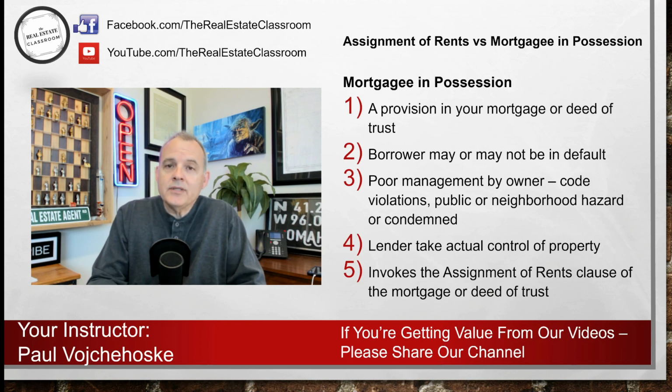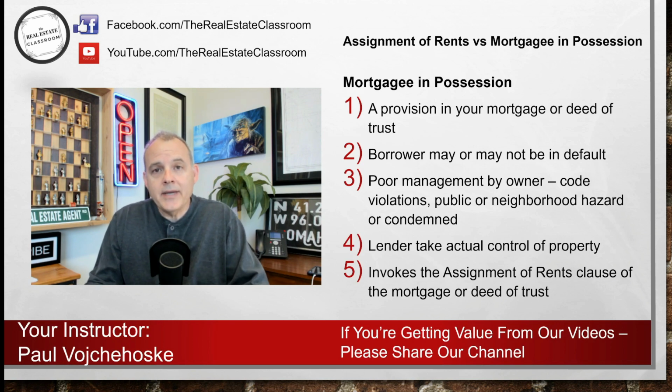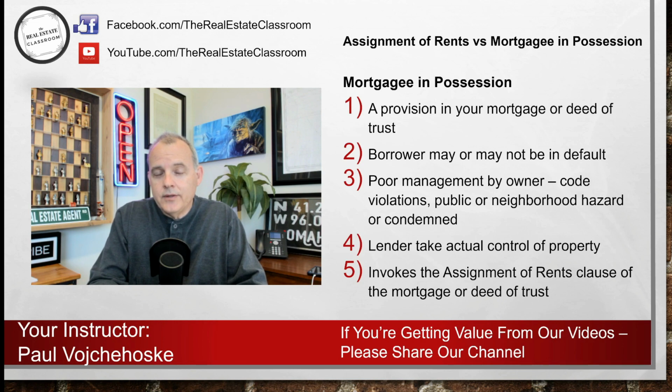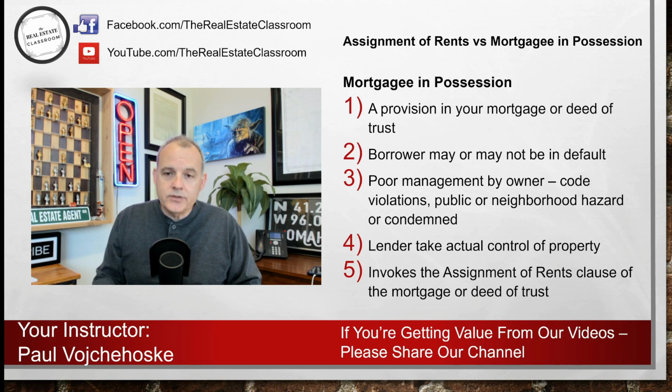Typically, because they're not in the management business, they hire a property manager to take over the day-to-day operations of the property. Usually at the same time, they will also invoke the assignment of rents, so it allows the property management company to collect the rents directly from the tenants as well.